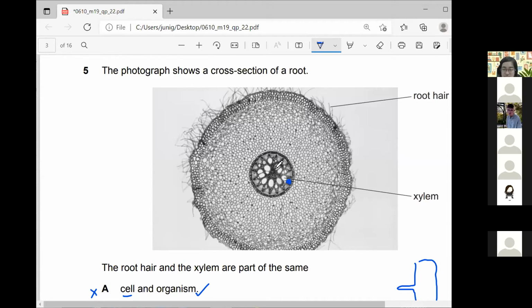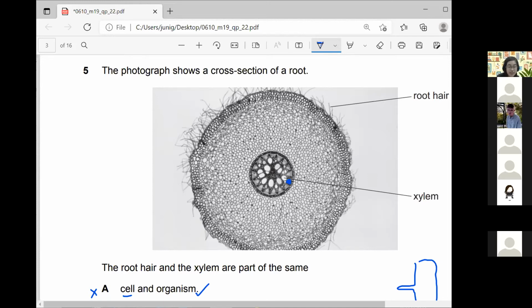Okay, so this one, by the way, in the root, the phloem and the xylem will be located in the middle. Yes, the xylem and the phloem together, they are called the vascular bundle.